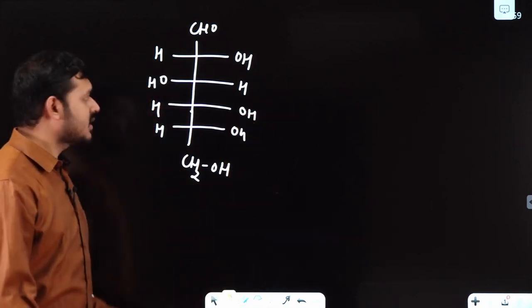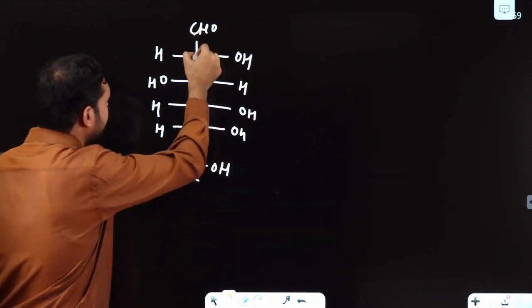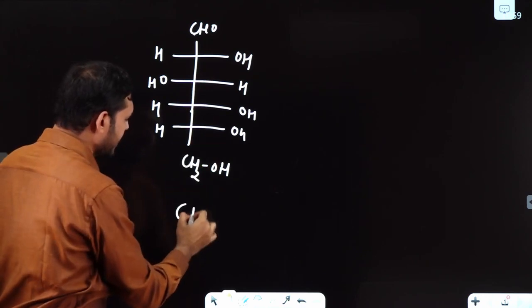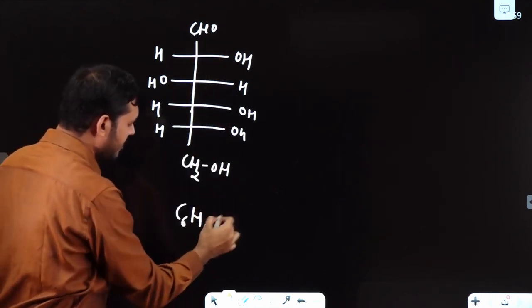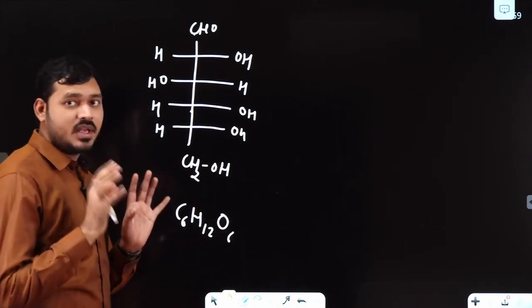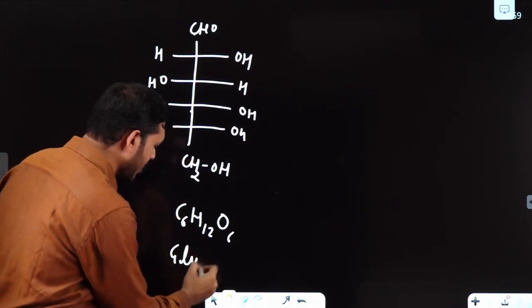Okay, so students, look at this compound carefully. It has 1, 2, 3, 4, 5, 6 carbons, C6, H, 1, 2, 3, 4, 5, 6, 7, 8, 9, 10, 11, 12, H12, O6. Now I am telling you a specified part. This is actually glucose.